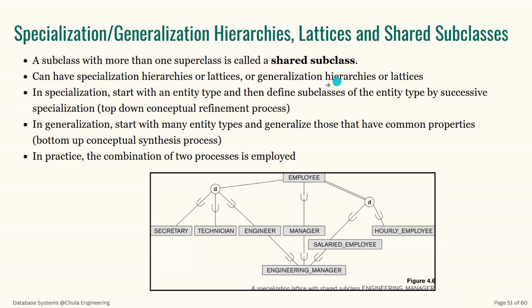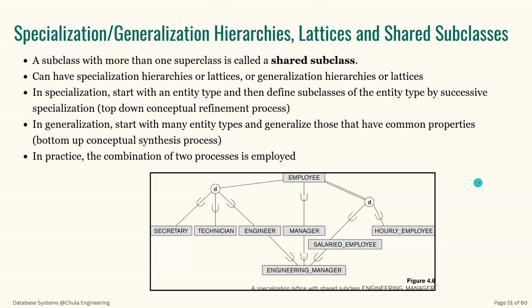It doesn't matter whether it is a specialization or generalization process, the hierarchy and lattice can appear from any process, right? But if you do specialization, you always start with the entity type and define subclasses, right? But if you do generalization, you start with the entity types and then you group them into common ones.